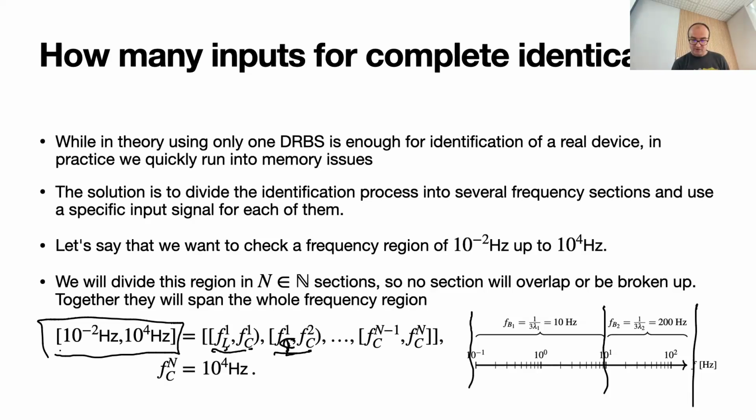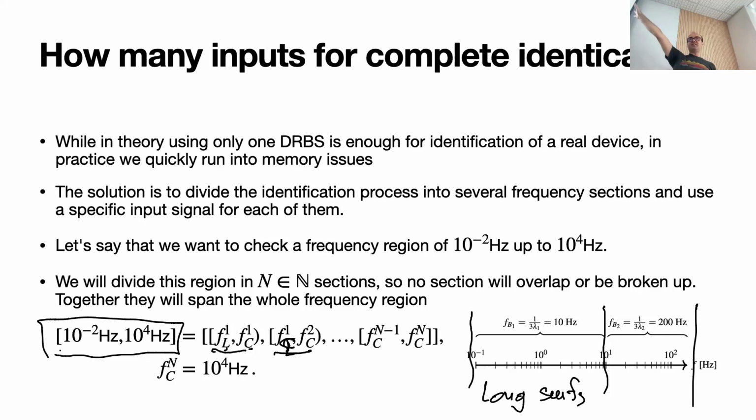Why? Because here we have long duration but small sampling frequency. When we go to the next one, we have a higher sampling frequency but a little bit lower duration. So the number of points that we are capturing is almost constant.